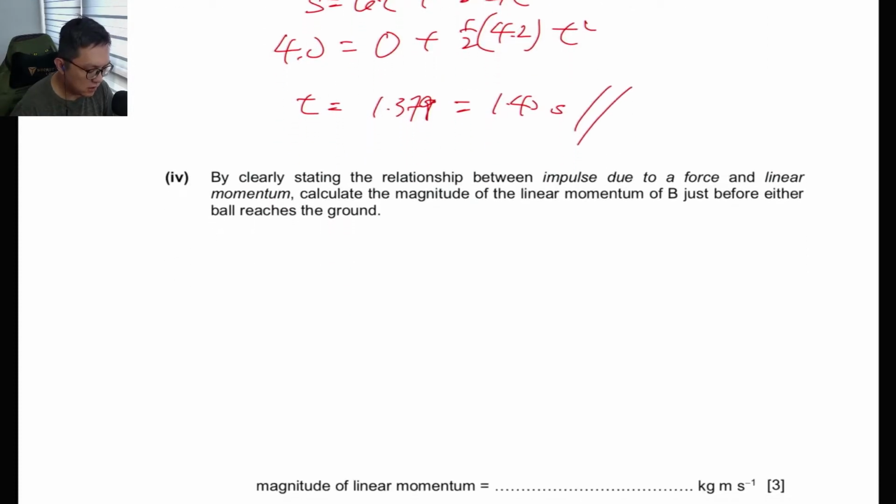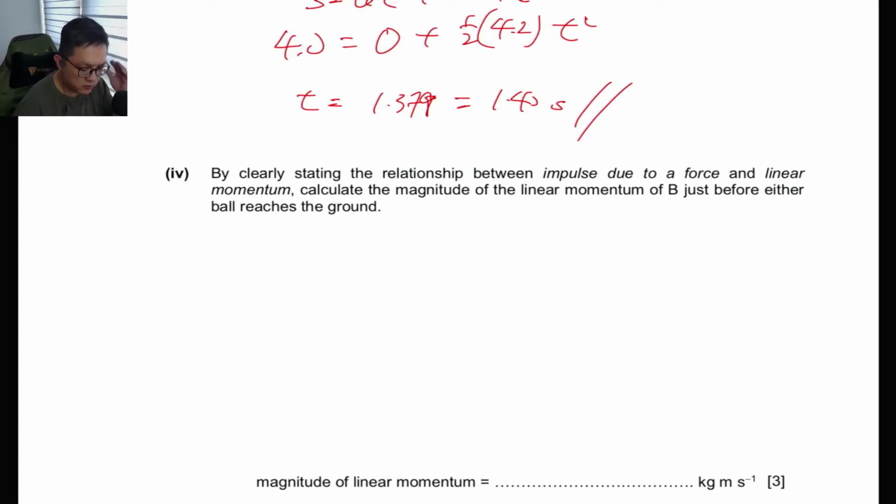Next, calculate, by stating clearly the relationship between impulse due to a force and linear momentum. You have to be careful because you have to clearly state. That means you need to write a statement between impulse due to a force and linear momentum.